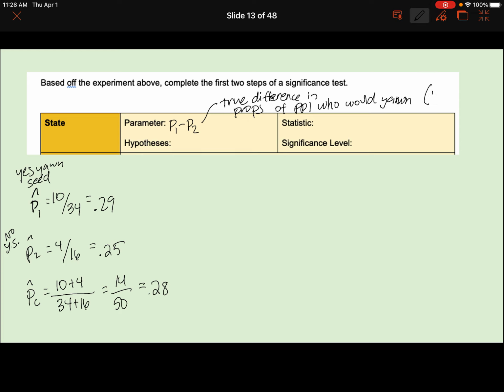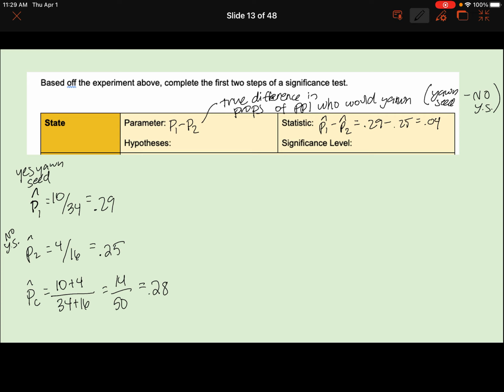We're going to be doing yawn seed minus no yawn seed. It's important to say that because otherwise you might get a backwards answer. So whichever way you're going to subtract, you should label that. Our statistic, we have that, it's 0.04. It's p hat sub 1 minus p hat sub 2, which is 0.29 minus 0.25, which is 0.04.